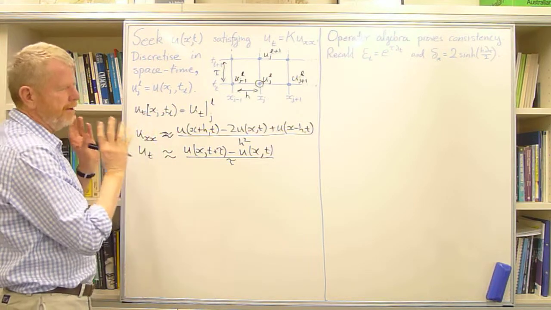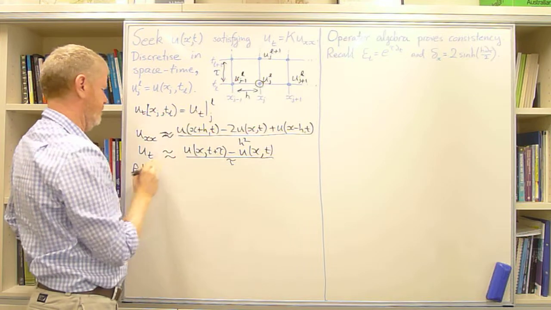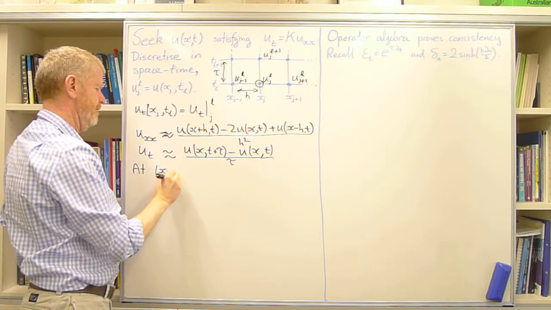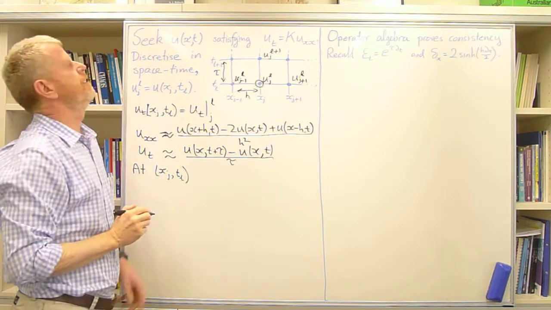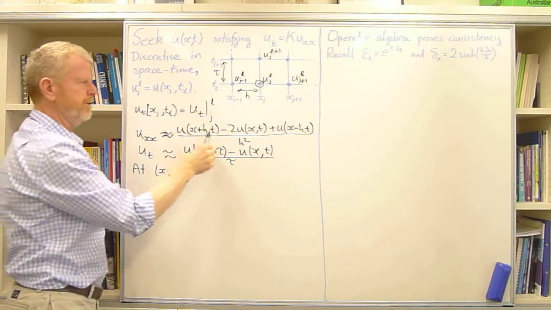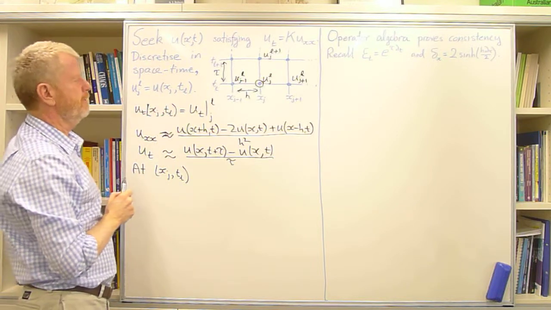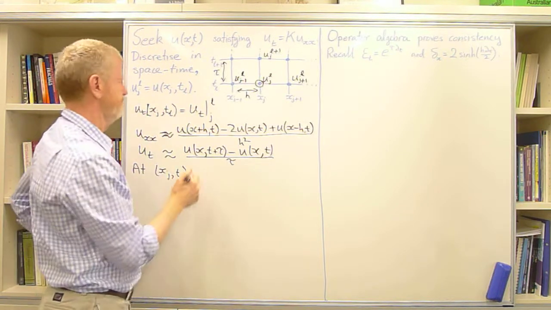Right, so now at this particular point, that is xj, tL, the partial differential equation is replaced by this right-hand side approximation.